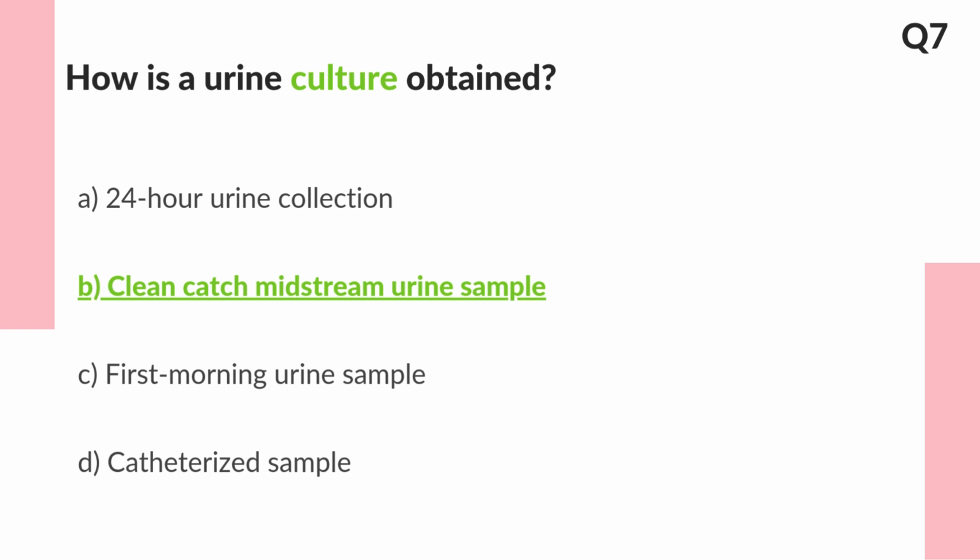And a catheterized sample, you cannot always catheterize a patient, or expect that the patient has a catheter, in order to obtain a urine culture, right? So in that case, definitely B is the answer.